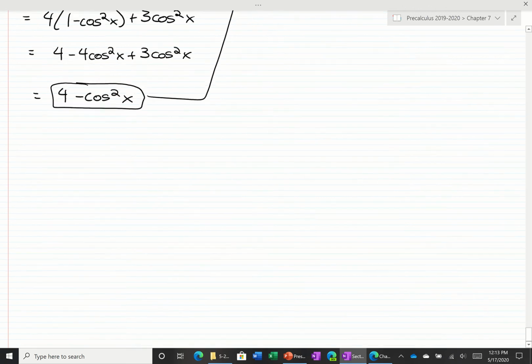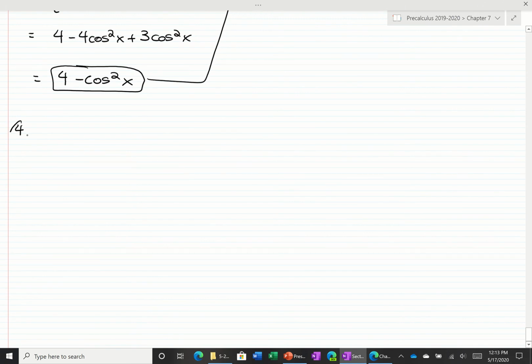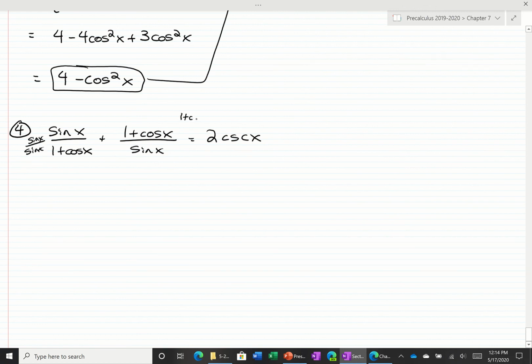All right, on the back, number 4. Number 4, it says sine of x over 1 plus the cosine of x plus 1 plus cosine of x over sine of x equals 2 cosecant of x. Let's get a common denominator first. We need a sine here, and we need a 1 plus cosine on top and bottom over here.